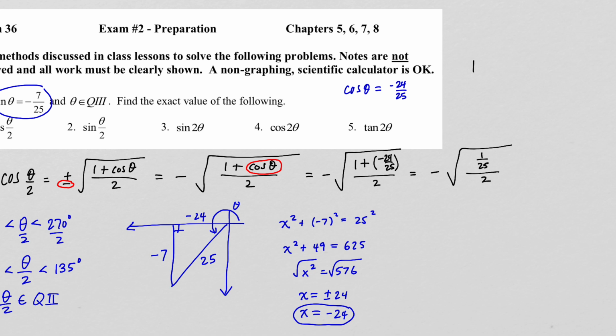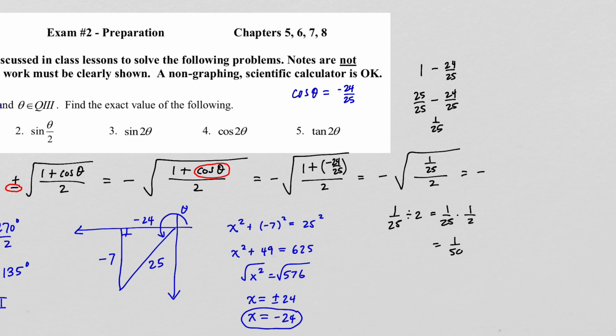What I'm doing there is changing 1 to be 25/25, and when I subtract 24/25, I get 1/25. Now 1/25 divided by 2 is the same as 1/25 times 1/2, and that is 1/50.